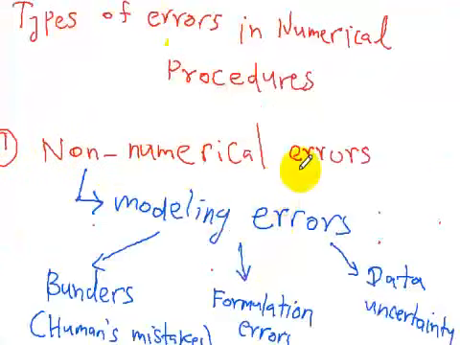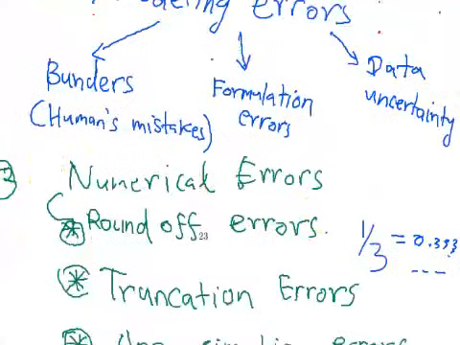These non-numerical errors occur before you solve the problem, right? These numerical errors occur when you store your data onto your computer and you run your algorithm.